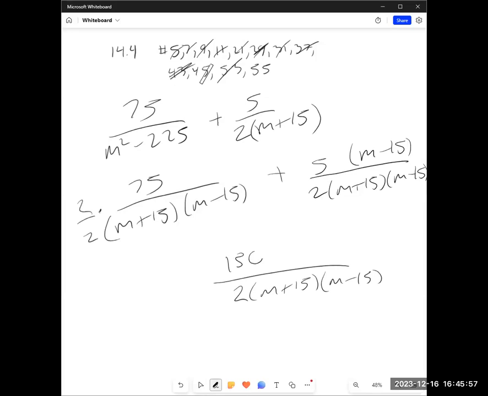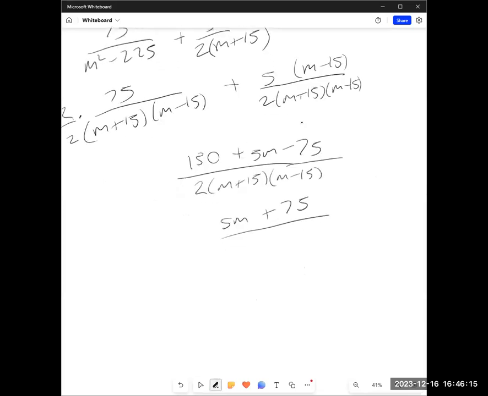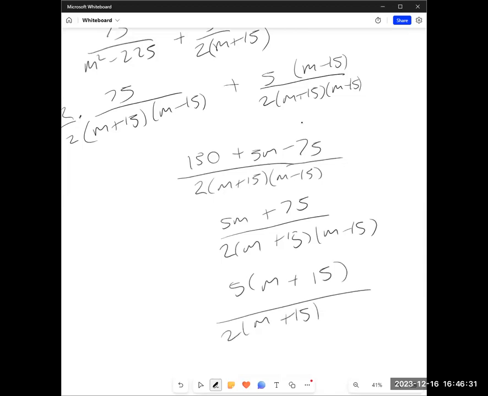2 times 75 is 150. 5m minus 75 is 5m plus 75 over 2 times m plus 15, m minus 15. 5 times m plus 15 over 2 times m plus 15 times m minus 15.